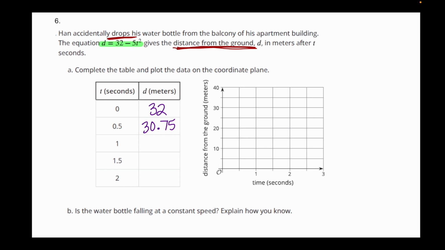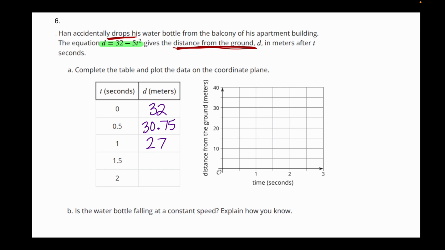So when we have 32 minus 5, that's going to give us 27. Now, you might use a calculator for doing that subtraction, and that's okay, but whole numbers are generally easier to work with. But the fractions and the decimals like 1.5 and 0.5, always good to check yourself on.